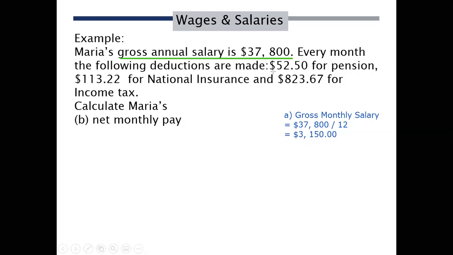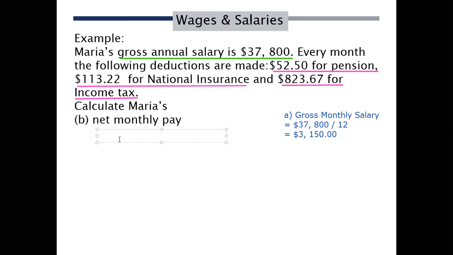She had $52.50 for pension, $113.22 for national insurance, and then $823.67 for income tax. This is how much money is taken out of her salary each month, sorry, not each week.